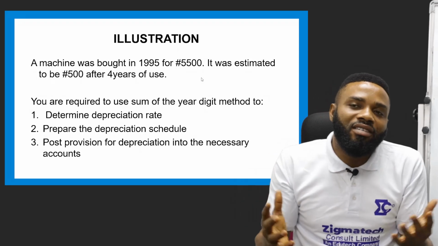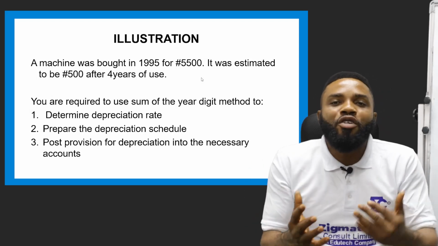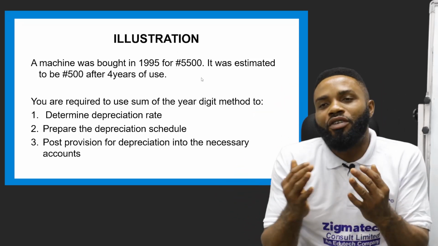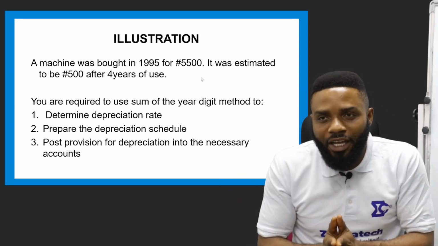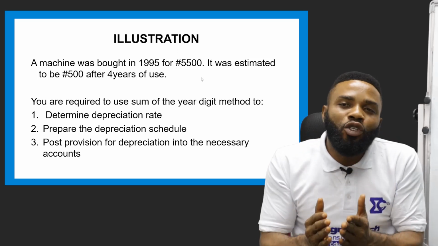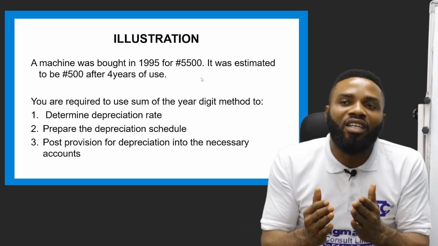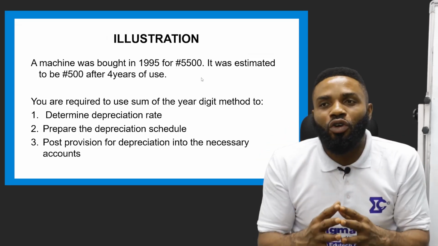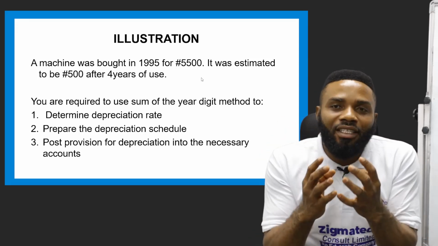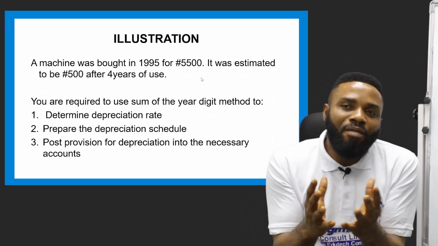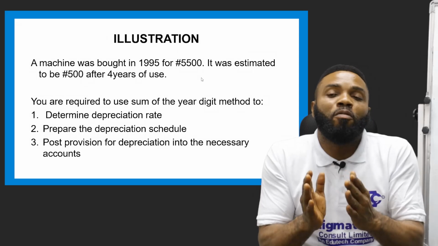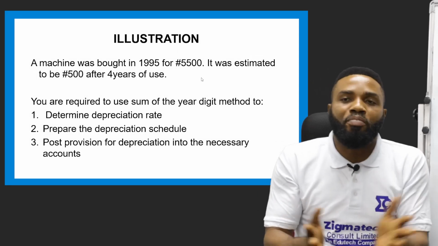A comparative accounting system is a system where you compare the result of an account of the previous year with the result of the account of the current year. If the company is not consistent with the method of calculating depreciation, they may not be able to get a reliable result in the current year as compared to what is obtainable in the previous year.